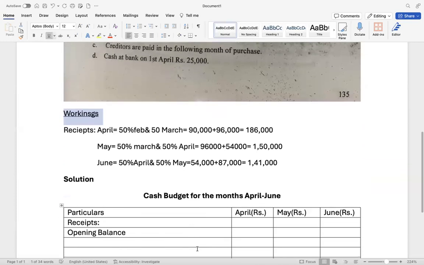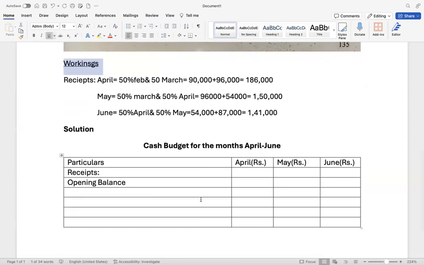Then go to the budget. This is the actual solution for your question. So what I've done is I've taken a 4-column statement, right? And the heading I have given is cash budget for the months of April to June. For the months of April, May, June also you can write. There's no hard and fast rule that you should be writing just like this only.